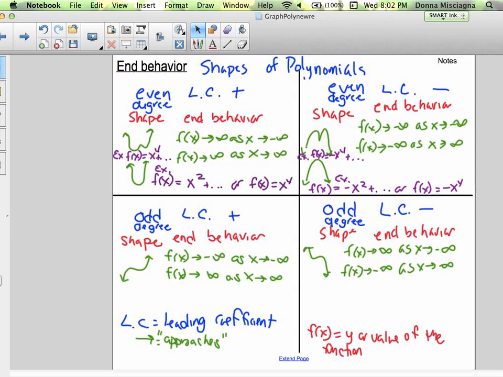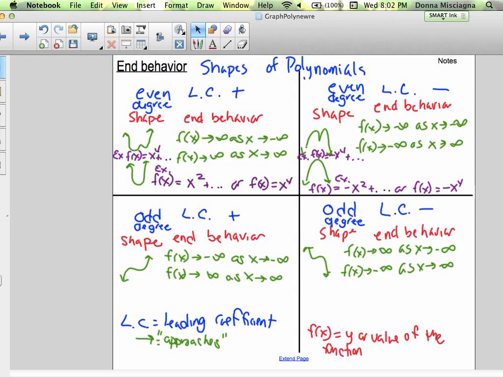But it doesn't change the end behavior. It's because the end behavior for an even degree, leading coefficient negative, is going to be f of x will approach negative infinity as x approaches negative infinity, and f of x will approach negative infinity as x approaches infinity. So no matter what x is doing, it's got his arms down by his side. Maybe he's sad, right? His arms are down by his side. Both ends are going to go to negative infinity.